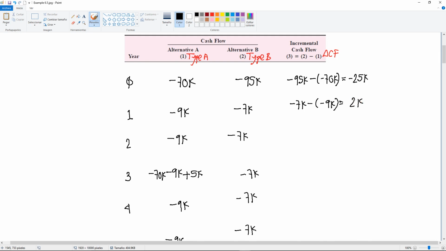Then the next one is the same, so we're going to get 2,000. Then this one changes, so this is minus 7,000 minus, and we're going to put all three of them: minus 70,000 minus 9,000 plus 5,000. Okay, this is a minus sign. This one will give us 67,000. Then year number 4 is the same as years 2 and 1.